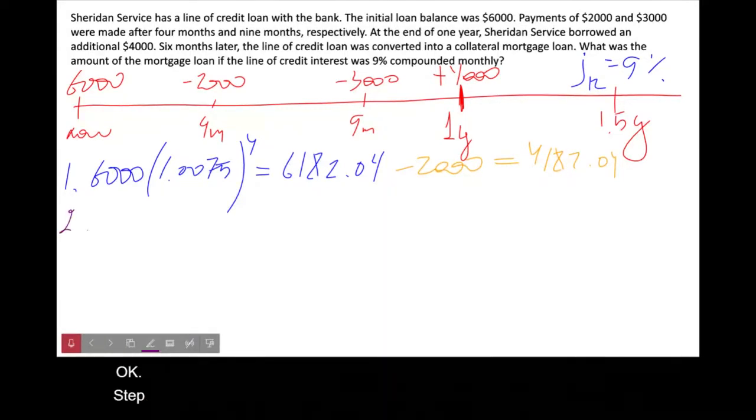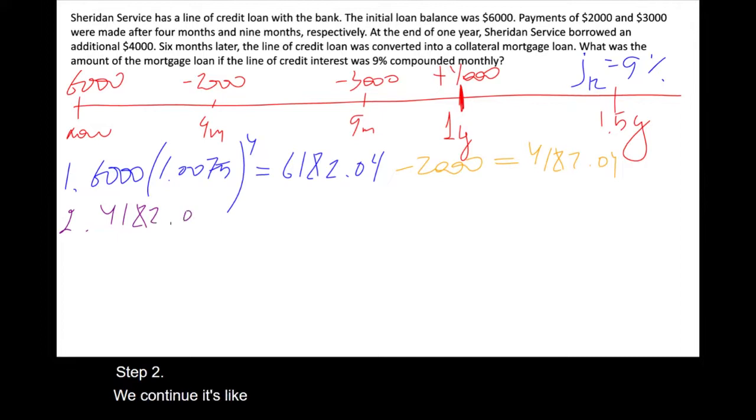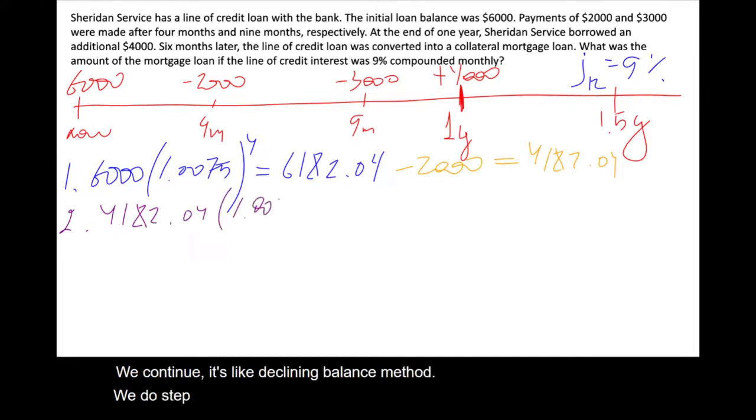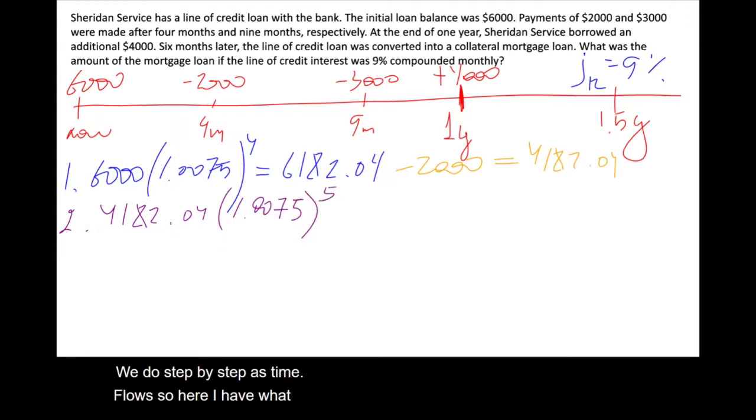Step 2. We continue. It's like the declining balance method. We do it step by step as time flows. So here I have 5 months, right?